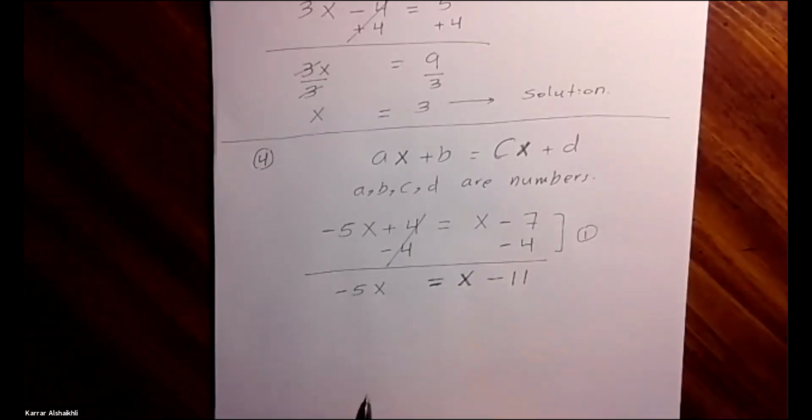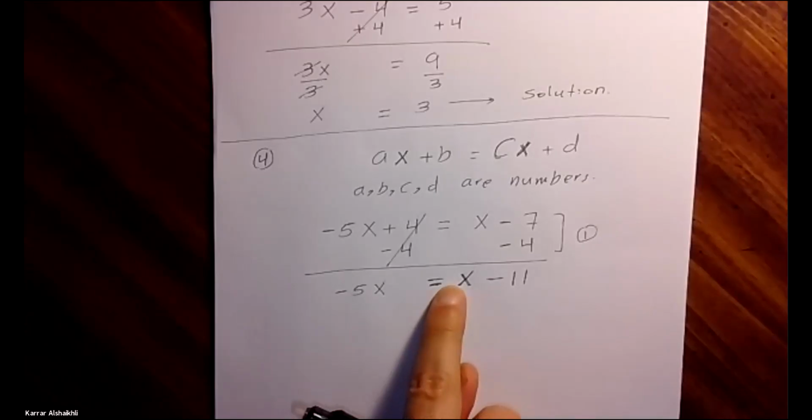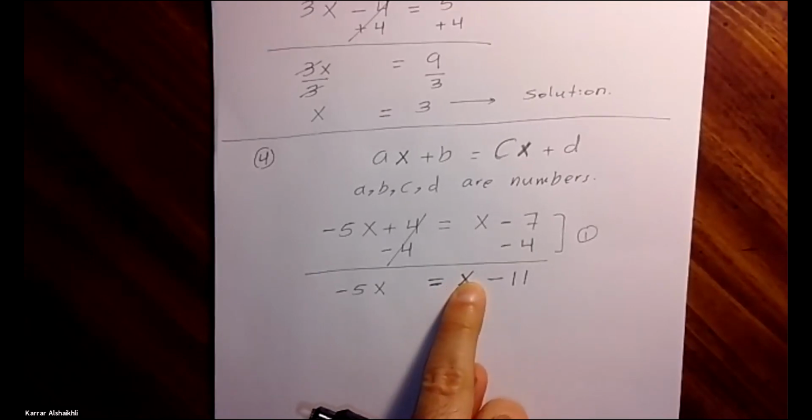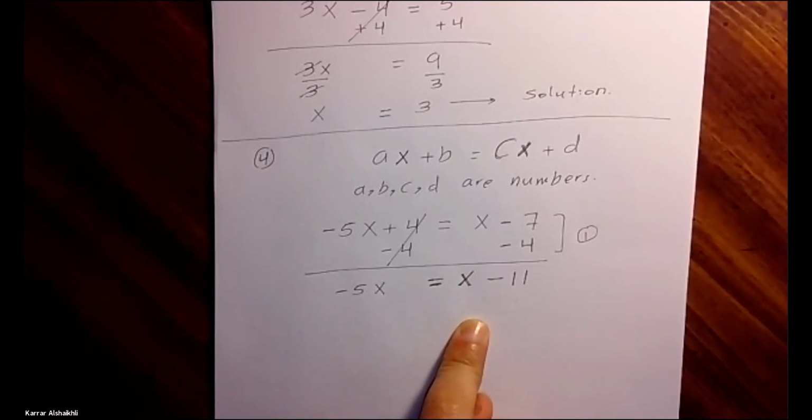Here we have x. How are we going to move the x to the other side? Who's going to tell me? It's positive x. There is no sign here. That means a plus x. So you're going to say what?